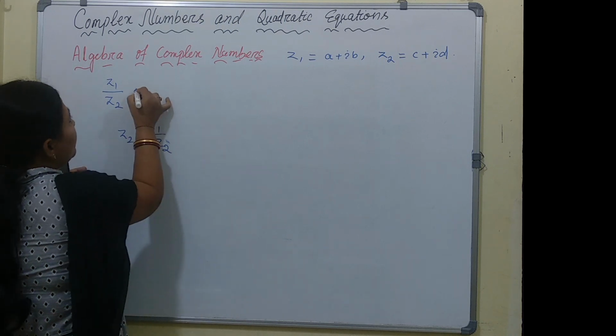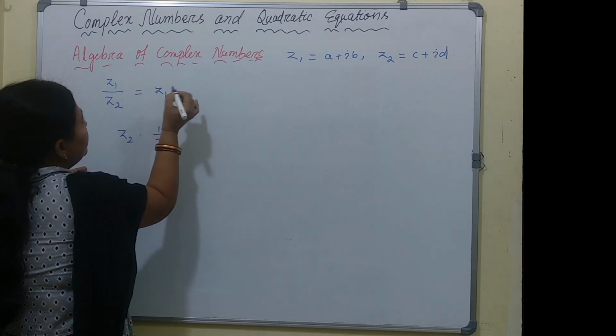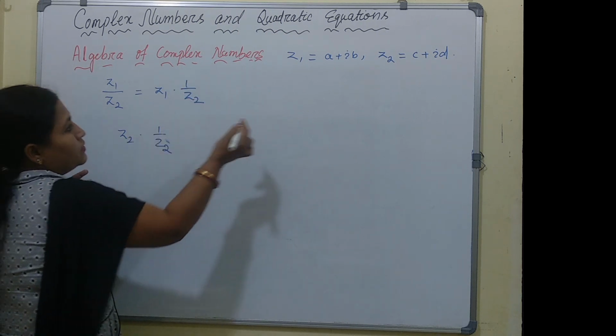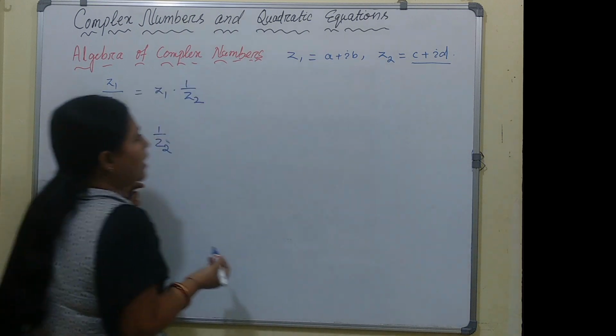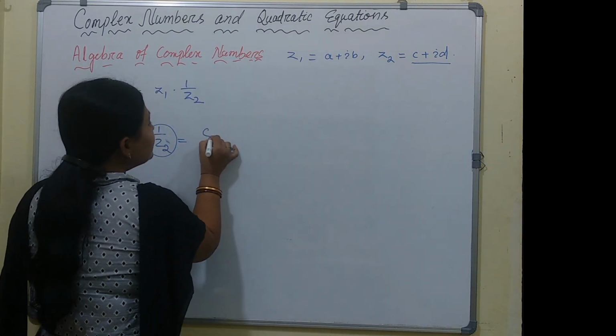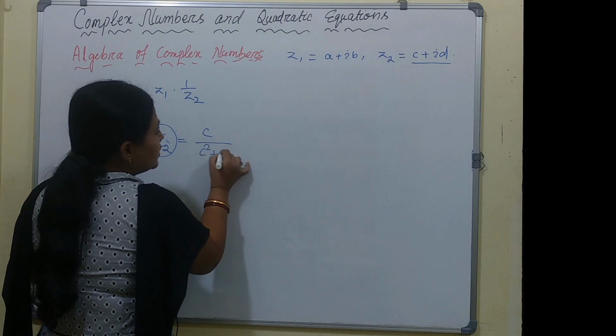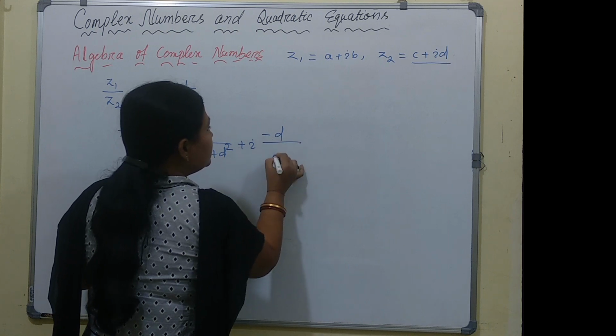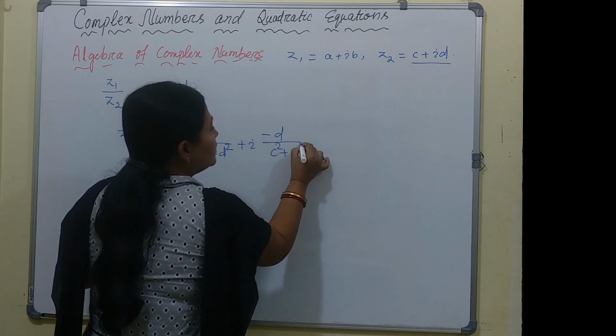So here we can write z1 into 1 by z2. If z2 is equal to c plus id, then 1 by z2 is equal to c by c square plus d square plus i whole into minus d by c square plus d square.